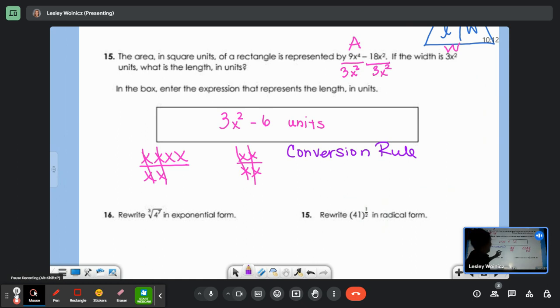So if we have a root with some index, like a root n, and we have x to the m power under the radical, what does that give us? Well, remember the x is our base, and then we have to make a fraction as the exponent.